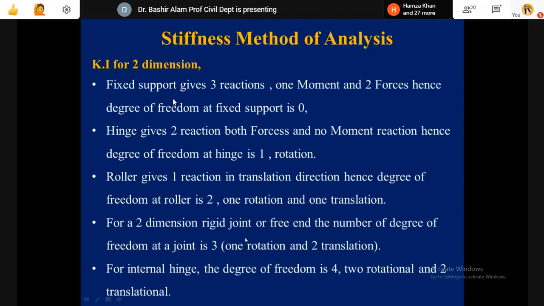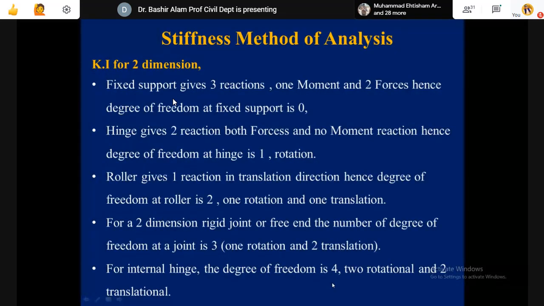For a two-dimensional rigid joint or free end, the number of degrees of freedom at a joint is 3: one rotation and 2 translations, vertical and horizontal. And for an internal hinge, the degree of freedom is 4. Why 4?